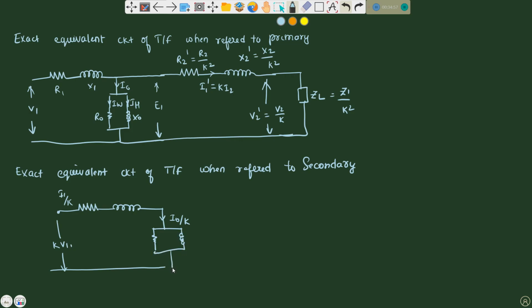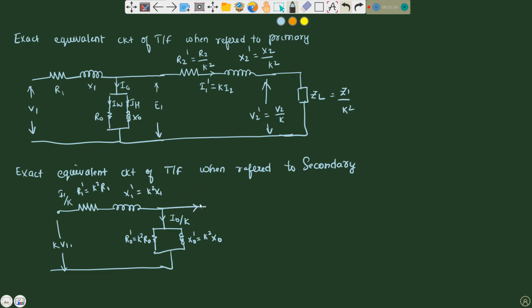So what we will get here, R0 dash will be K square R naught. Here X naught dash will be K square X naught. So we are taking all the primary components towards the secondary side. Here resistance will be R1 dash equals K square R1, whereas for inductive reactance this will be X1 dash equals K square X1, correct?